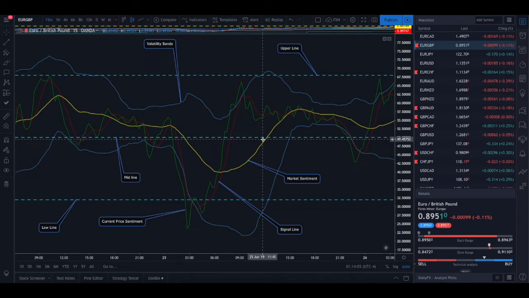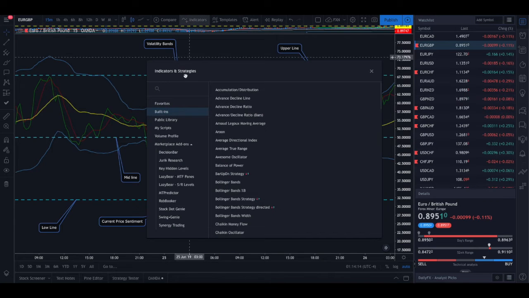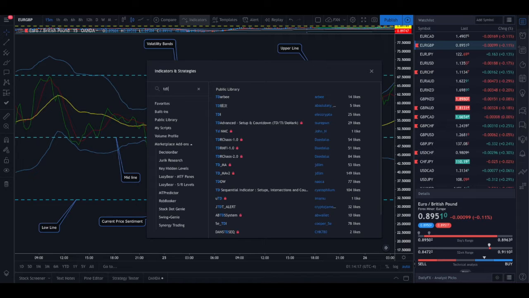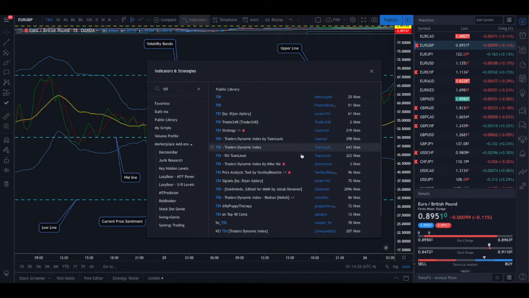For those of you that ask how to get this indicator on TradingView, just go to indicators up here and type in TDI. You'll see a bunch of them come up. This one specifically that I'm using here, I believe, is this one right here. Just pick any of them, they're all the same.